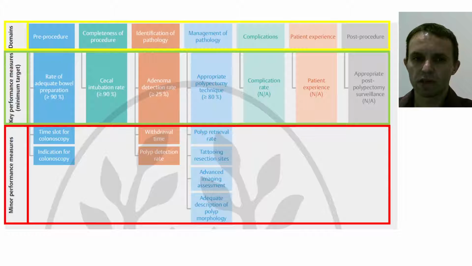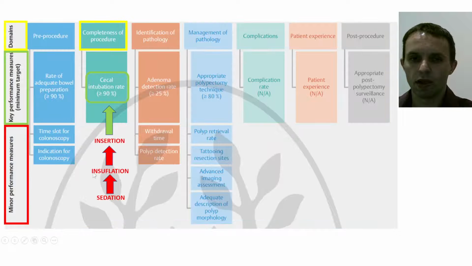In previous episodes, I talked about the patient's consultation and looking for indications for colonoscopy, about how the patient should prepare the bowel for colonoscopy, then about sedation, gas insufflation into the colon, insertion of the endoscope, and cecal intubation.